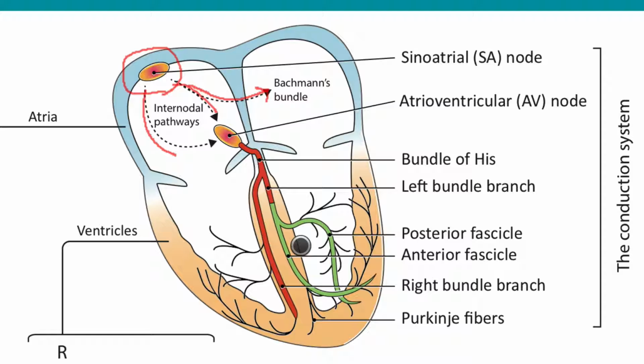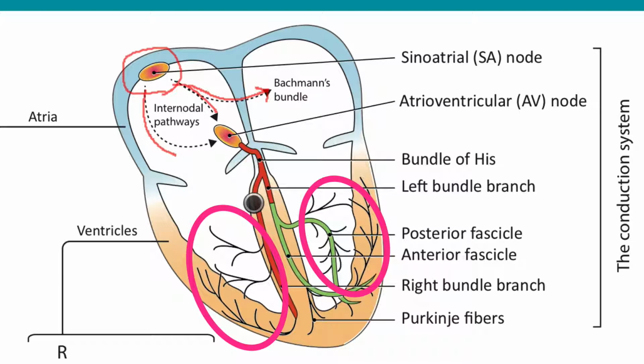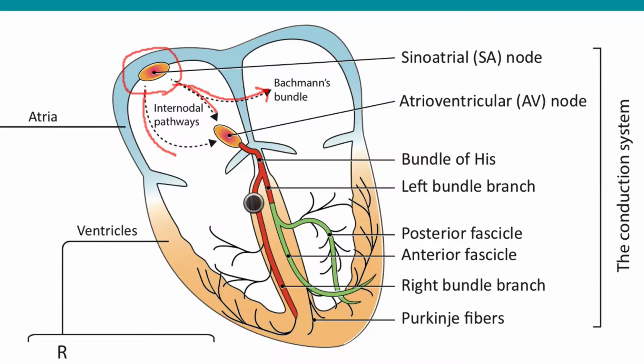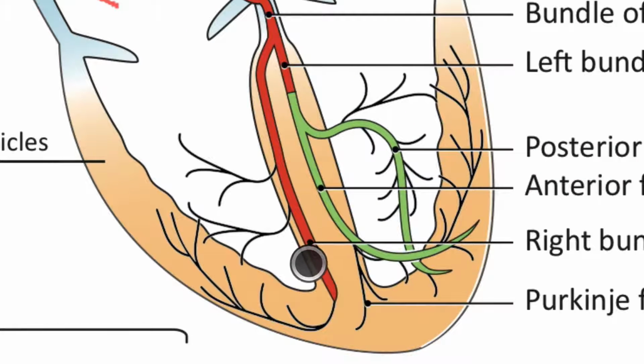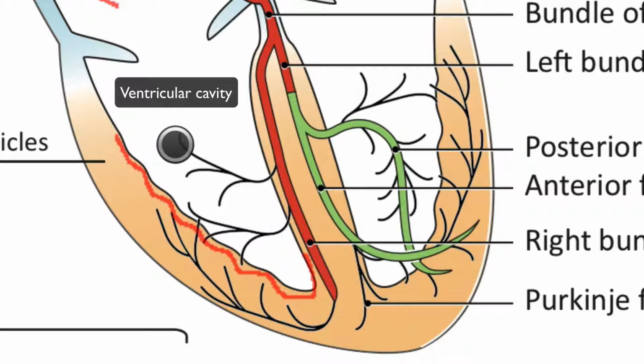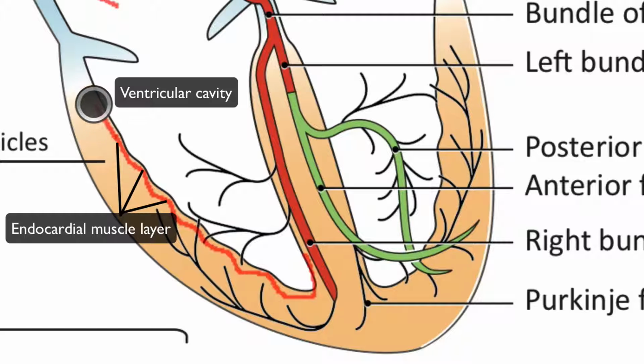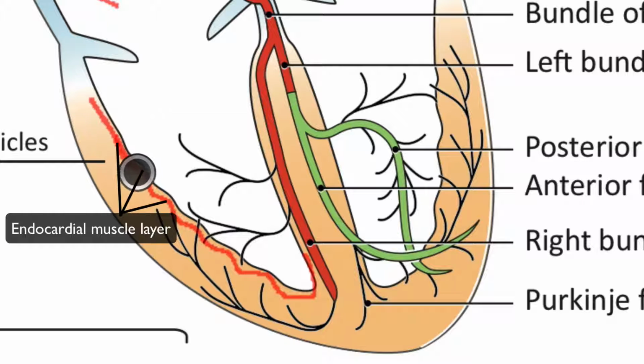Now, from the fascicles and the bundle branches, the Purkinje fibers spread out into the myocardium. And you may remember that the Purkinje fibers run in the endocardium, which is the myocardial layer closest to the cavity of the ventricles. This is the ventricular cavity, and the muscle layer lying here is the endocardium.